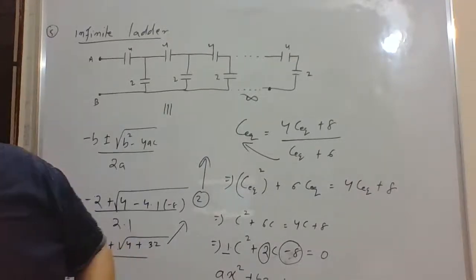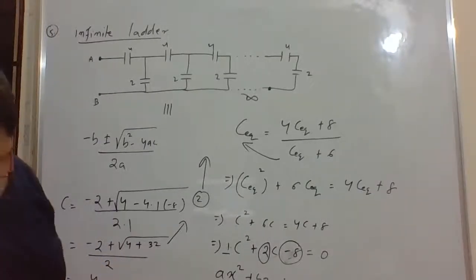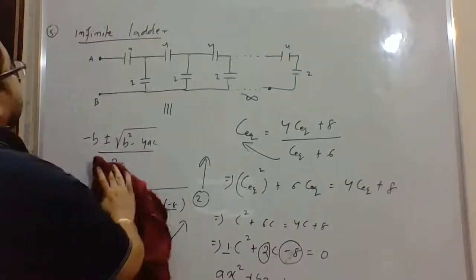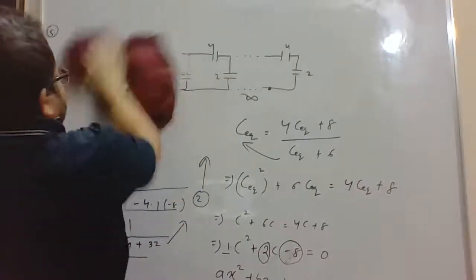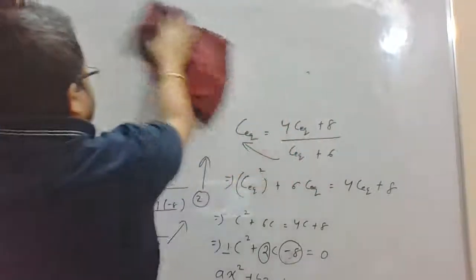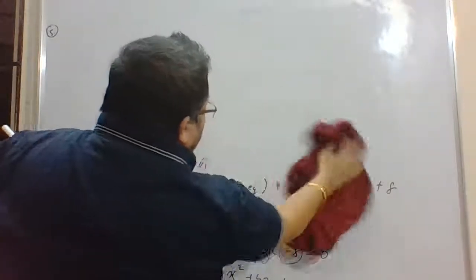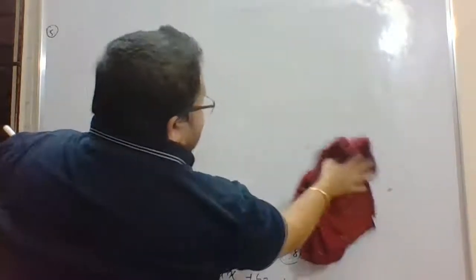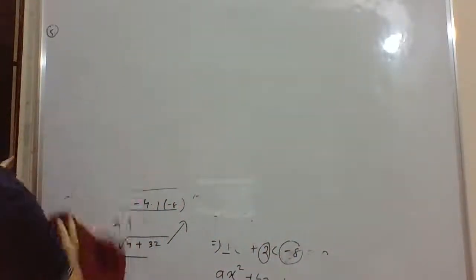Okay. So now let's move on to the next problem. And this next problem is again related to symmetry. We solved a couple of problems related to series parallel symmetry. We solved for open circuit, we solved for short circuit, we solved for ladder and infinite ladder.